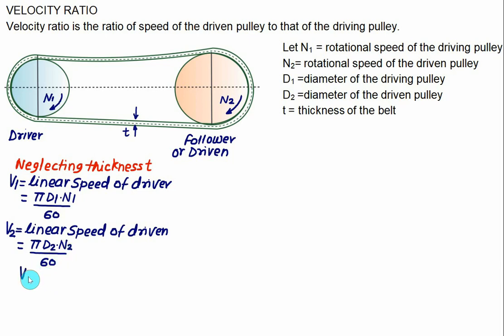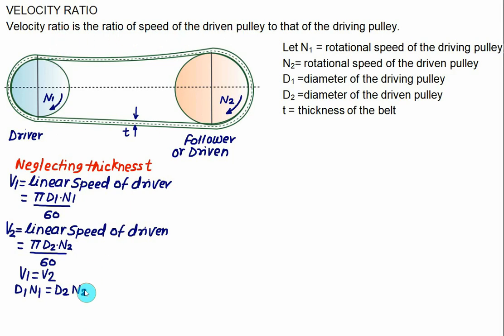Since the linear speed is same, so we have V1 equal to V2. In that case, pi by 60 will cancel out, and we have D1 into N1 equal to D2 into N2.